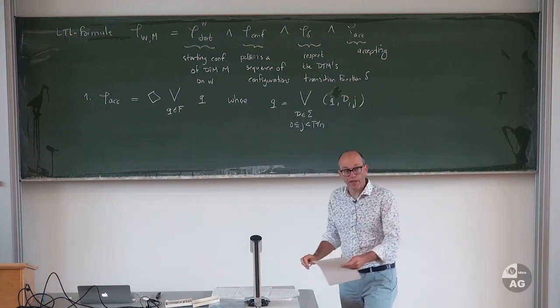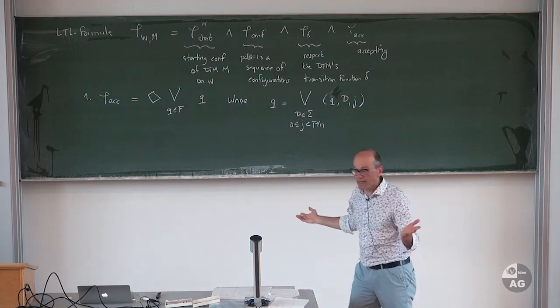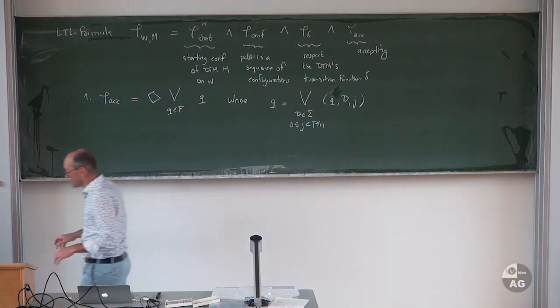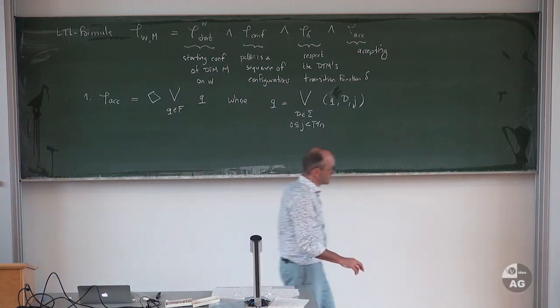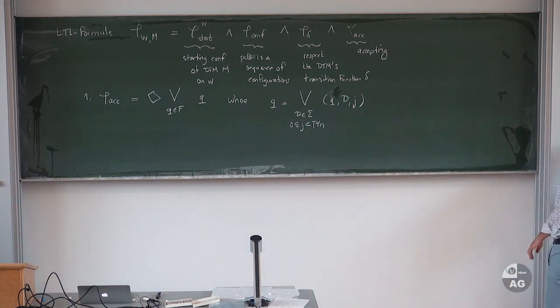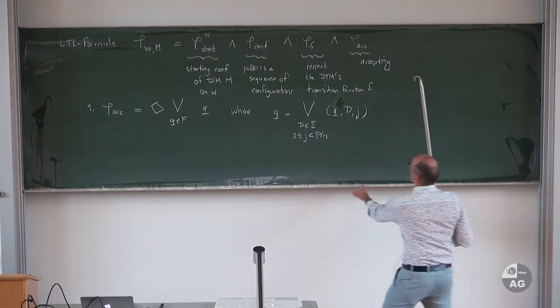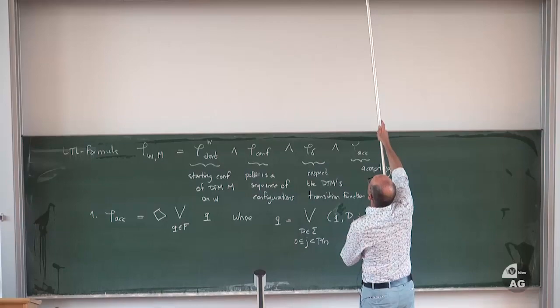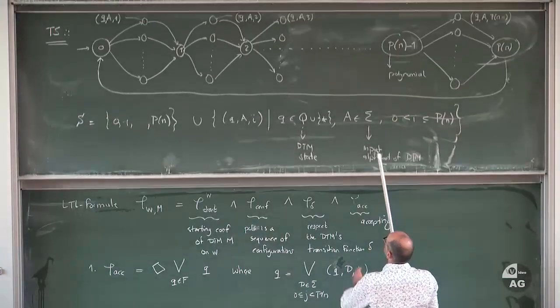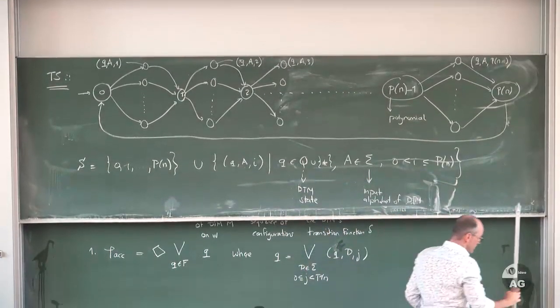Good. So the first thing I need to explain is what am I able to express about the transition system. That means what are the atomic propositions. So I go back first to my picture. This was the picture of the transition system.